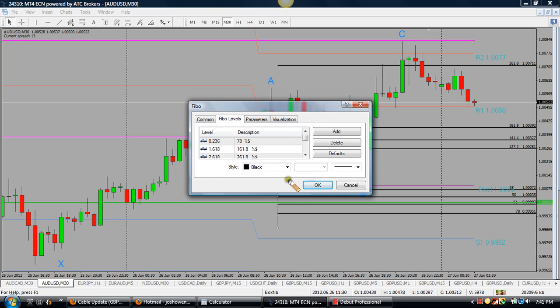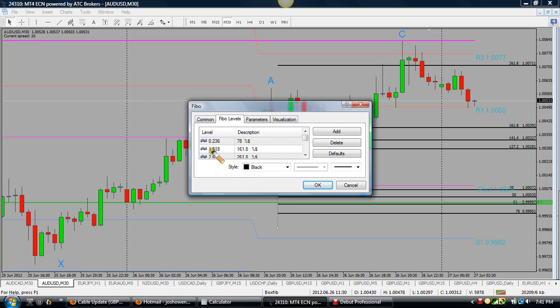I wish I could make this bigger, but basically this is what you're looking at. This is how your fib tool needs to be set up exactly by these levels. If you need to write them down, just copy the parameters exactly. You can delete all of yours and start from scratch. And if you look here, 0.236 is the level, and the description is 78.